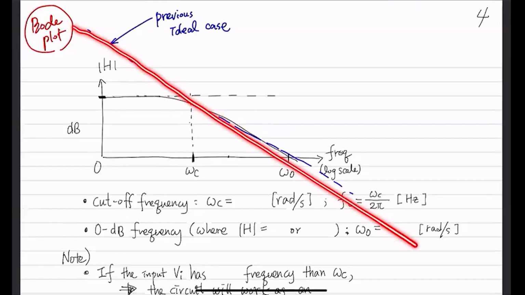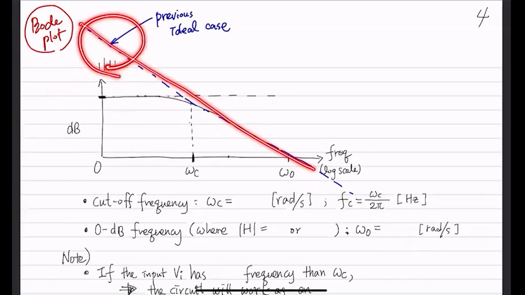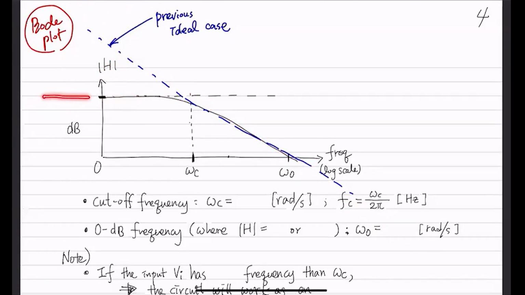It's a straight line going down. But we talked about this part is the problem. We cannot realize this very large infinite gain. So by introducing that resistor, what we have here now is the low frequency thing is chopped down. It was a straight line going down from here, but now this is not there anymore, but we have a saturated value, and then it starts to bend down, and it follows the ideal, that straight line going down.